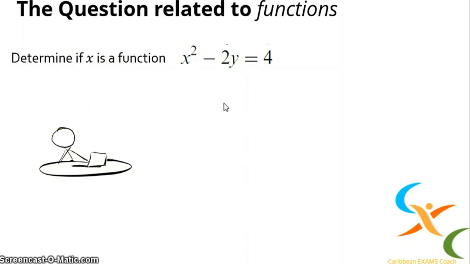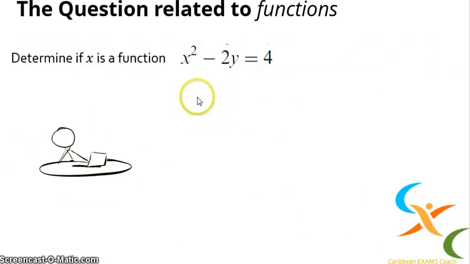Well, in paper 2, section 2, the optional section, it tests your knowledge of functions, the different types of functions, how to determine whether something is a function or not, and how to solve equations, linear and quadratic equations, and expressing one equation into a function and so on.